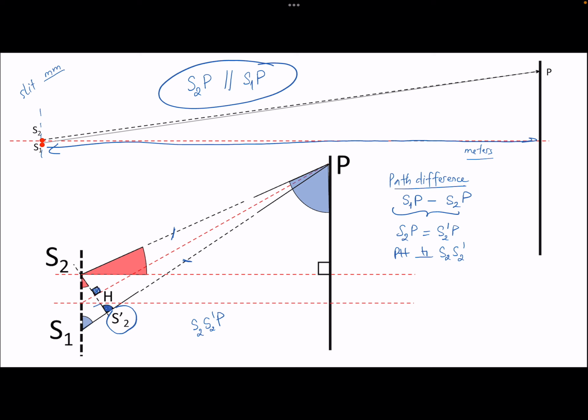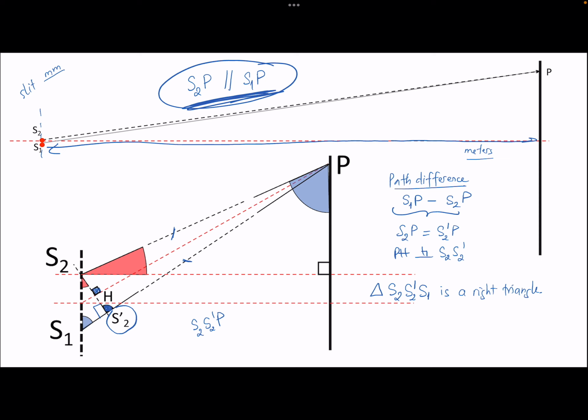It is almost a right angle as well, like 89.999 degrees. So that's why you can consider this triangle S2, S2 prime, S1 to be a right triangle. It's just because of this property.